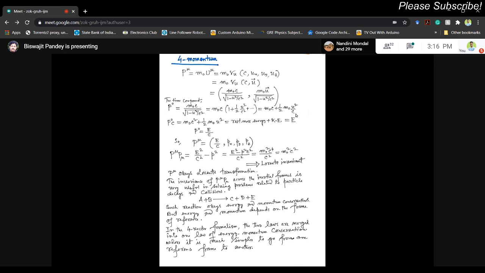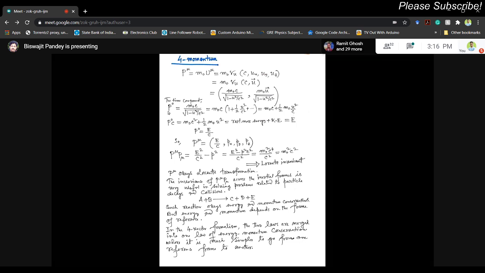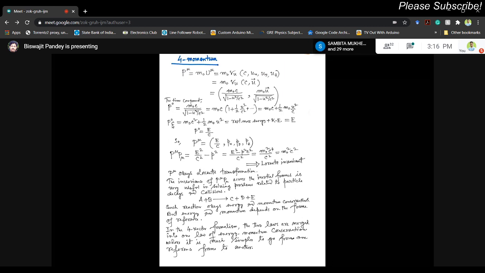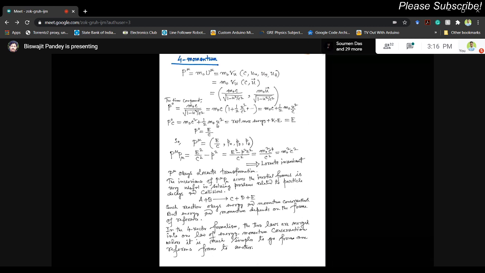And if you multiply the time component of the 4 momentum with c, what do you get? Look at this. I am multiplying the time component p0 of the 4 momentum with the constant number c. If I do that, on the right hand side we have m0 c square plus half of m0 u square. m0 c square is nothing but the rest mass energy of the particle, and half of m0 u square is the kinetic energy.